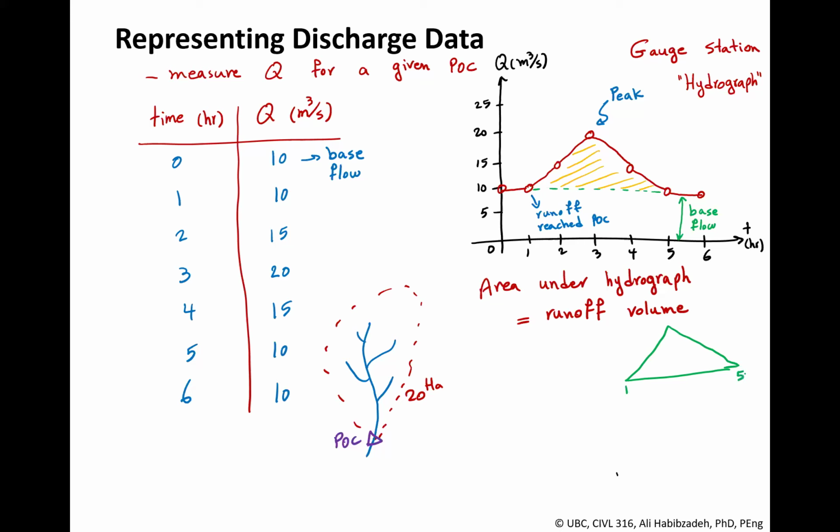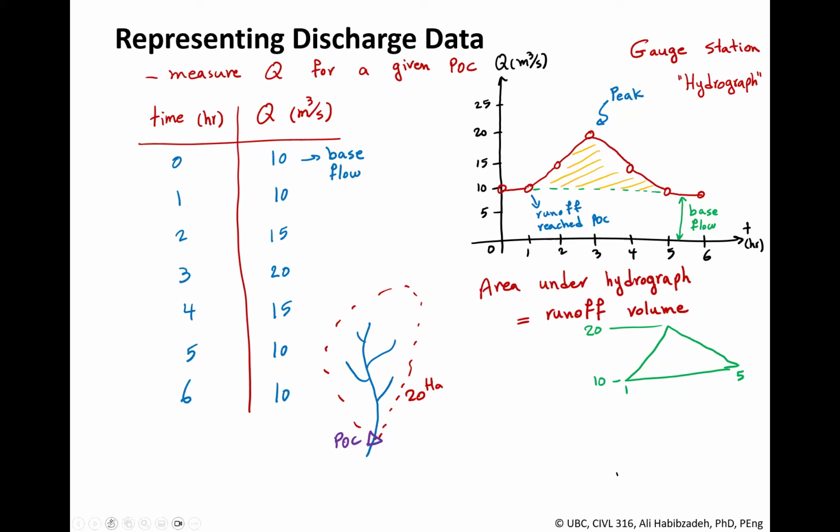I'm only interested in the change or increase from base flow, not whatever happened before or after rainfall. That's not runoff, that's something else, right? And then goes from 10 to 20. So a simplified shape for my hydrograph. Obviously, it doesn't capture all the details, but for what I'm doing is good enough.